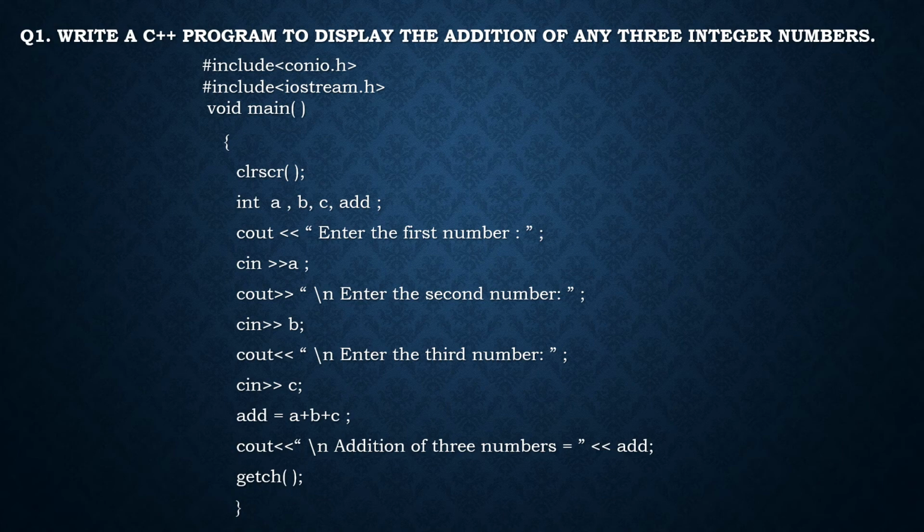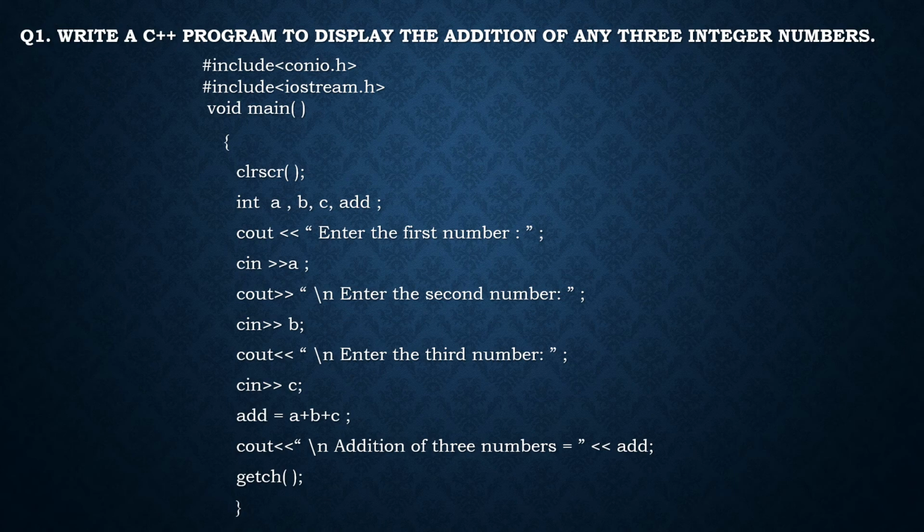Why? Because this is my general program. For each and every value this program will work. So add is equal to a plus b plus c. Your result will be stored in the add variable.